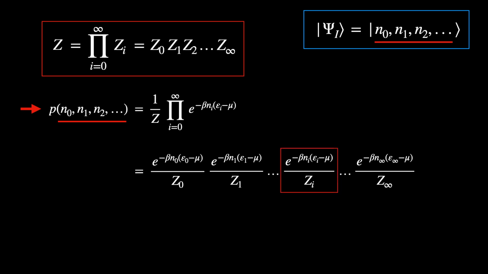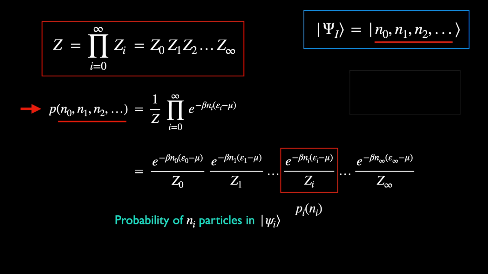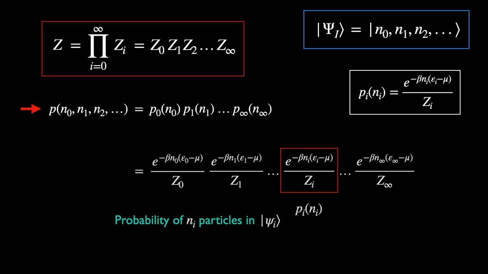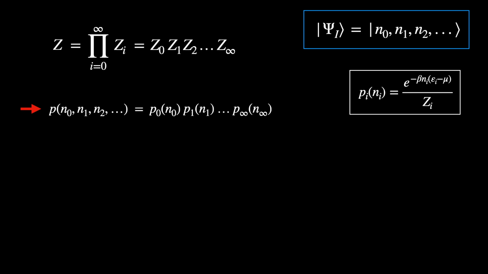Looking at a representative term, isn't this just a probability for a system to have Ni particles when only one state, psi I, is available to the system? Note that these individual probabilities are already normalized, and we have not specified the range of the summation explicitly, so that our results can be applied to both bosons and fermions.